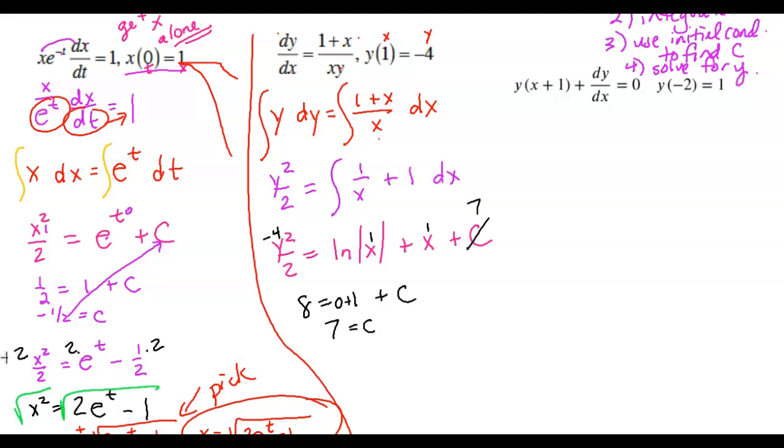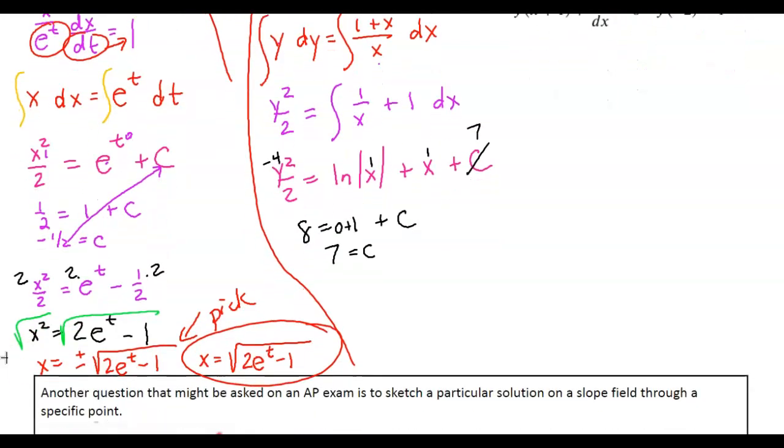Now, at this point, since we know x is 1 and it's on this particular solution, we don't technically need that absolute value anymore. So it's okay if you drop it. So we get y squared over 2 equals natural log of x plus 7. And then our goal is to get y alone.